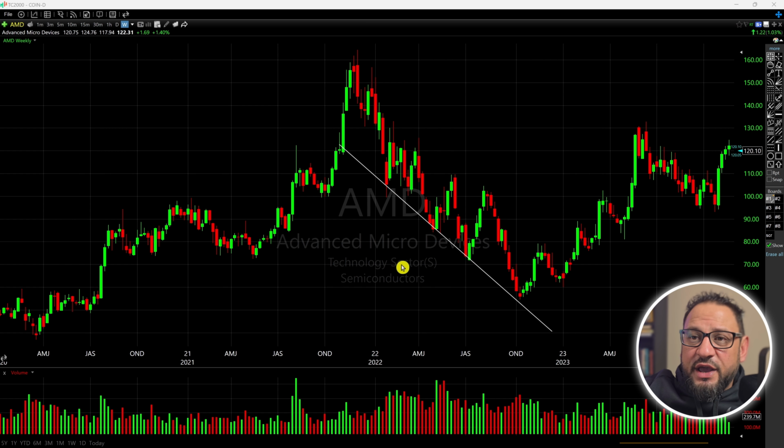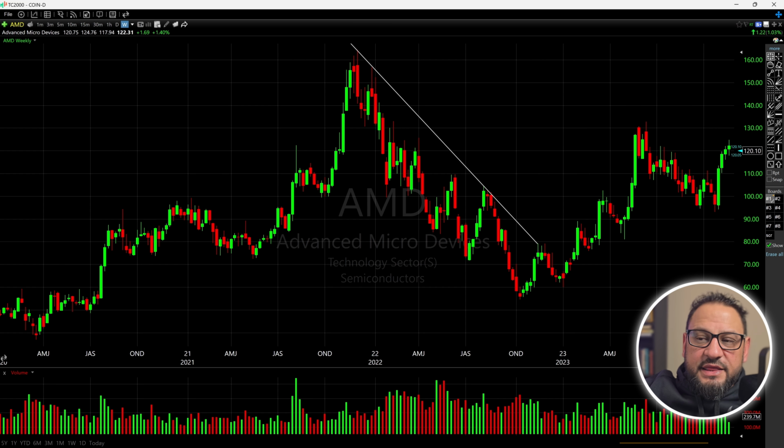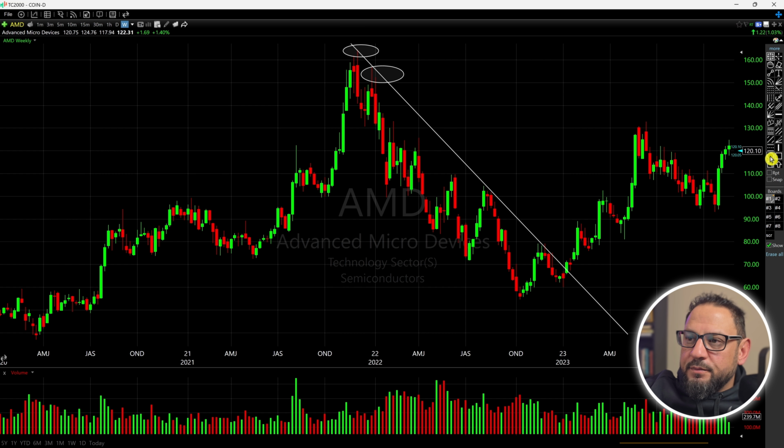Let's see if we have a trending down resistance area. Look at this. And that's a trending down resistance area. How many times did it reject off of this area? I want you to count with me. Once, twice, and those are the obvious areas. 3, 4.